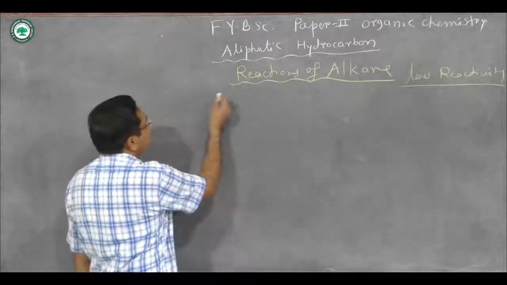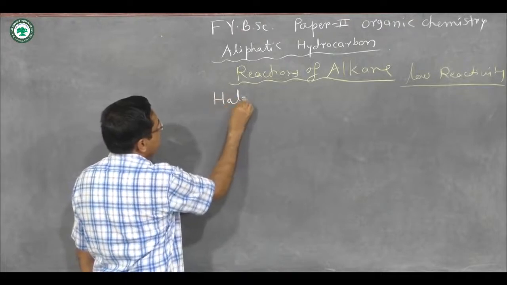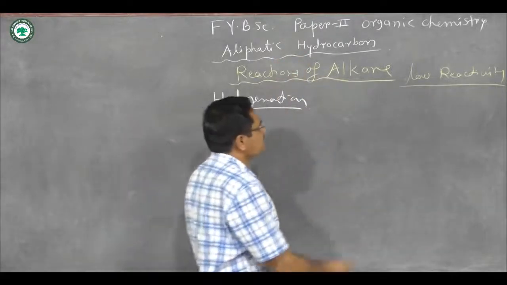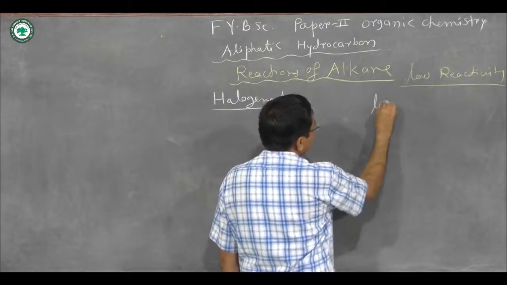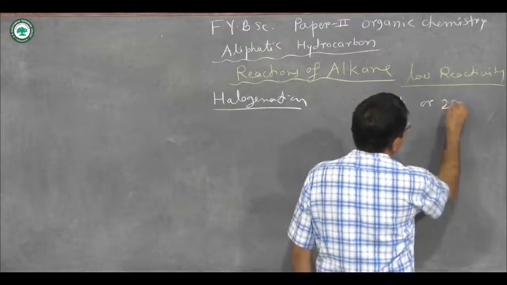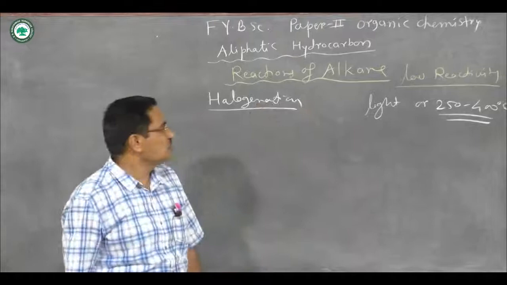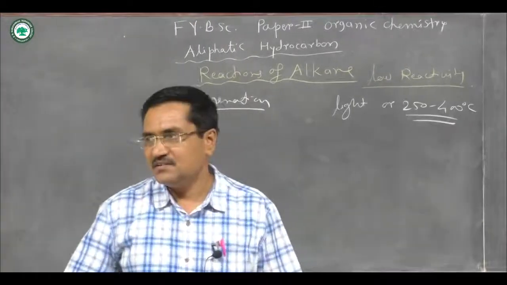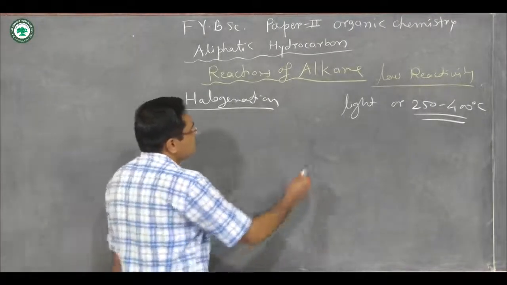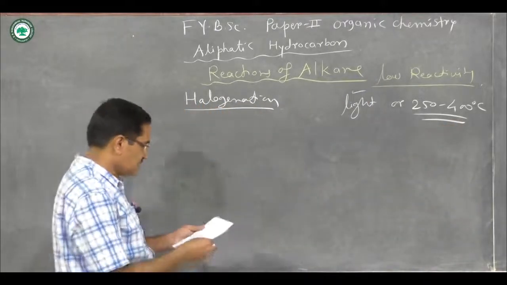Generally, the very feasible reaction that alkanes show is halogenation, and the halogenation reaction takes place in the presence of light or a temperature of 250 to 400 degrees Celsius. Due to the low reactivity of alkanes, this reaction doesn't take place at room temperature, so we require light or a higher temperature, that is 250 to 400 degrees Celsius.